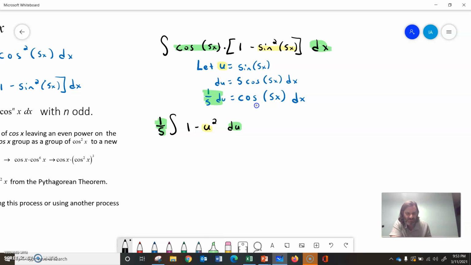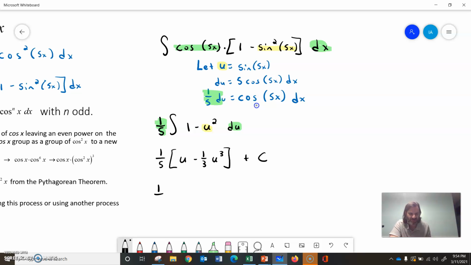So what do we get here? When we integrate, we get 1/5 times u minus 1/3 u cubed, plus c. We'll distribute that 1/5, and we'll replace our u with sine of 5x.